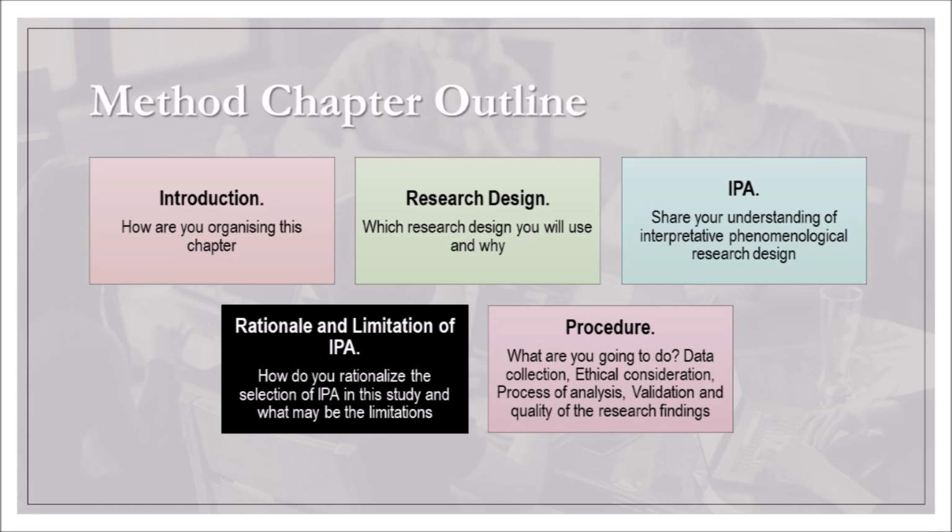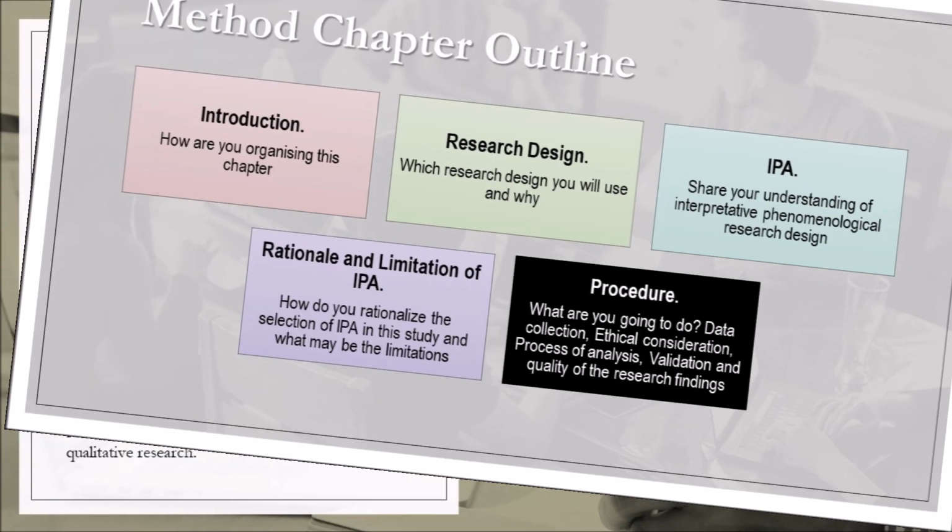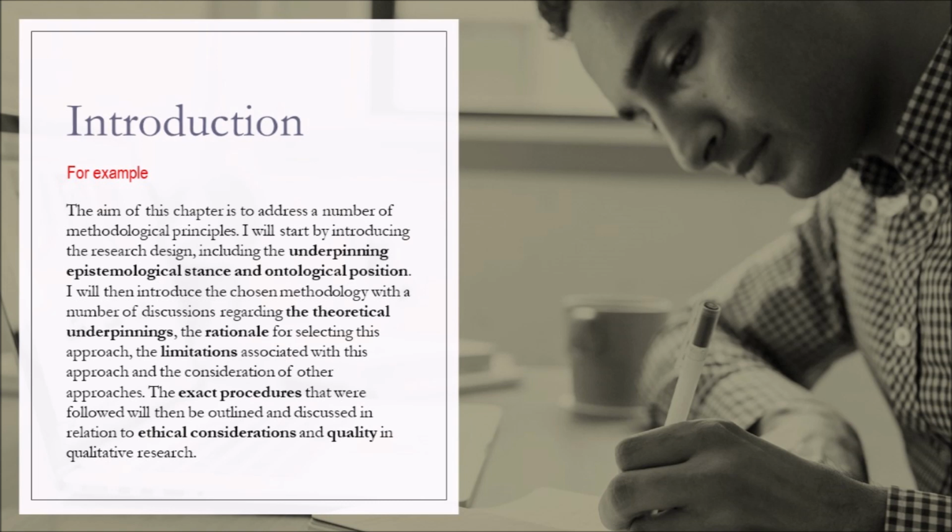You should also describe or rationalize the selection of IPA in this study and what may be the limitations. And then procedure. What are you going to do or how are you going to do it? That is about data collection, process of analysis, ethical considerations, validation strategies, and overall quality of your research findings. Now, let us see it one by one.